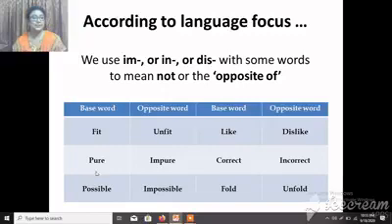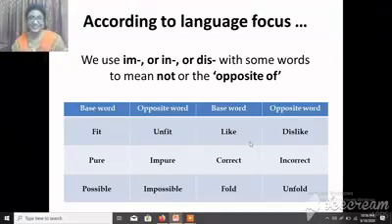Like this, pure, impure. I add im before pure, it makes impure. Possible. We know that word, right? Possible, impossible. Im before possible makes it impossible. Can you jump like a monkey? No, I can't.